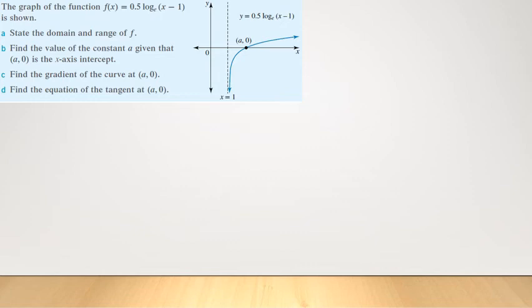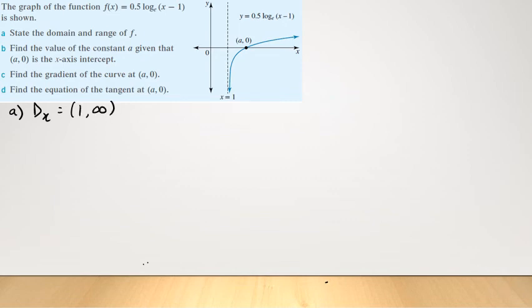The graph of a function, f of x equals 0.5 log e x minus 1, is shown. State the domain and range, find the value of the constant, find the gradient, and find the equation of the tangent. Alright, so domain and range, this starts at 1 and goes to the right. So that means our domain of x is 1 to infinity.